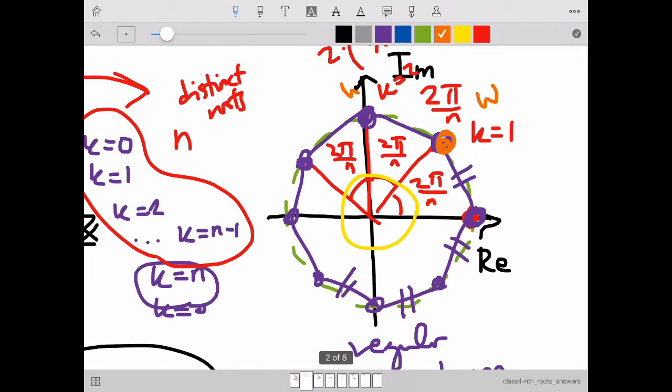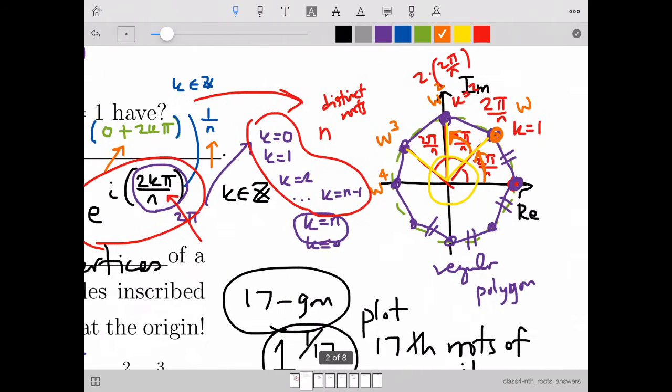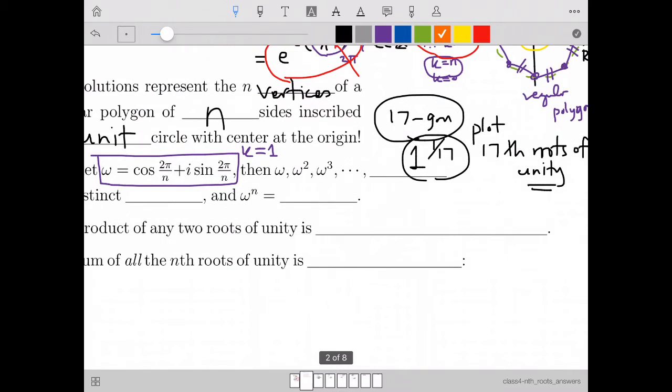Then that will be w squared because we are adding the argument twice. The argument of w was here, and we are adding one more of that, so that will be w squared. Because the length from the origin is 1, the length does not change, and that will become w cubed, w to the fourth, etc. Right? So that's what we are doing.